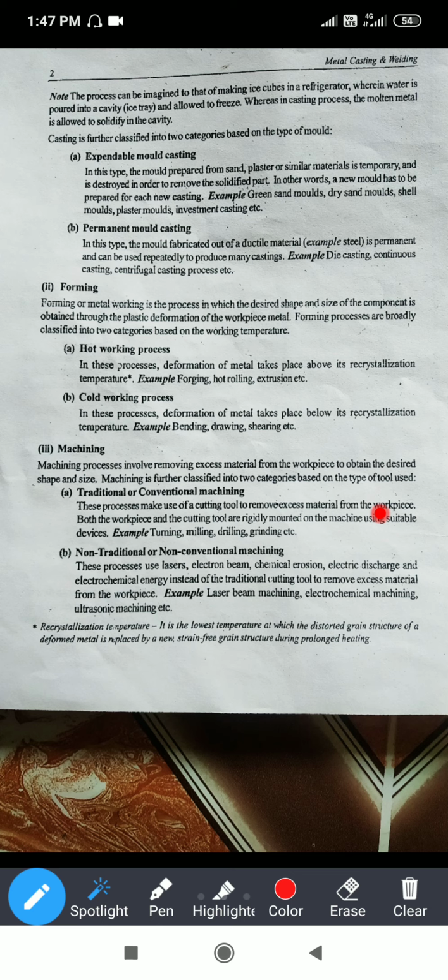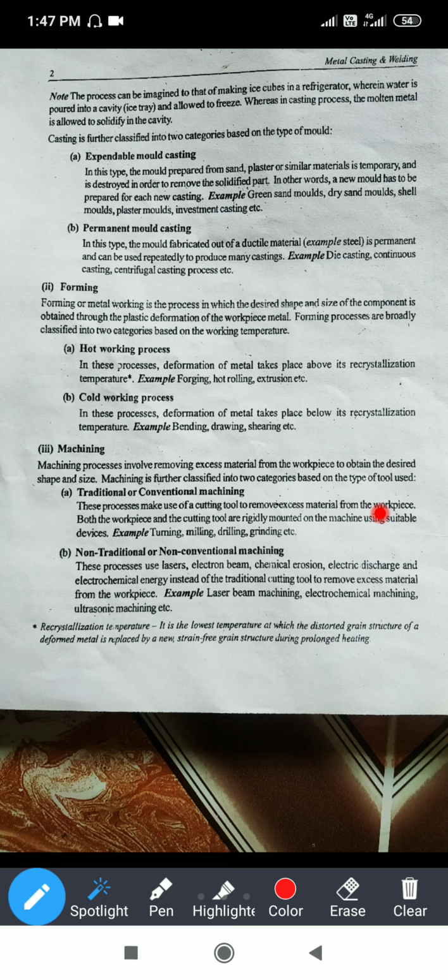What happens is that the diameter of the bar is reduced. Once the diameter is reduced, the length of the bar will also increase. This is how the forming manufacturing process is carried out.